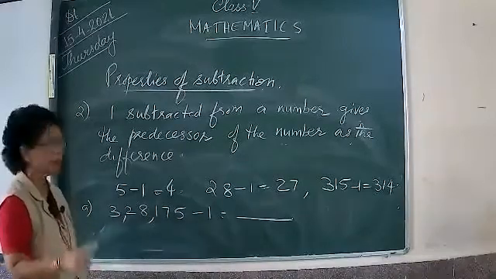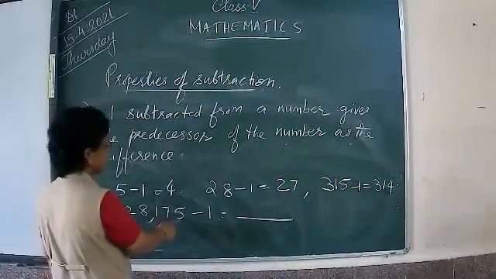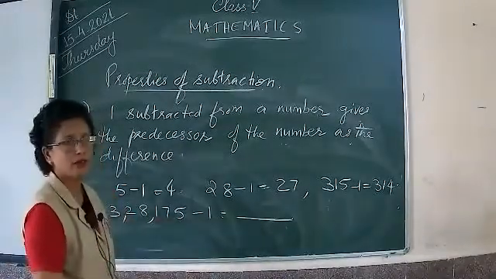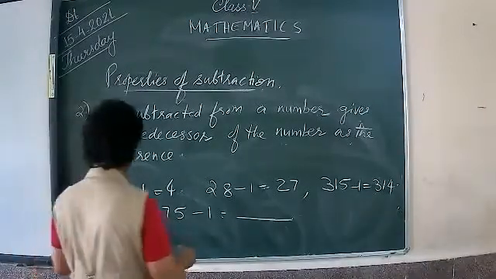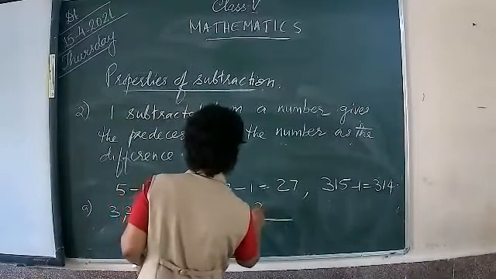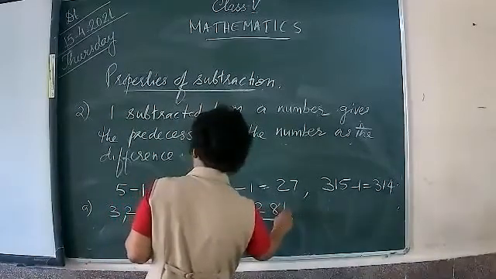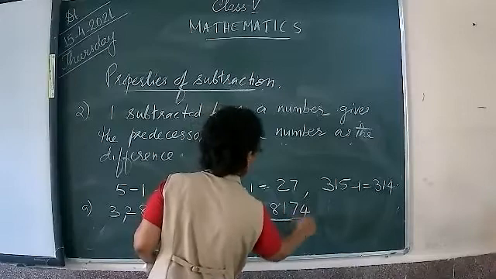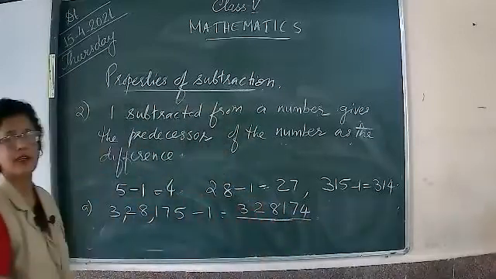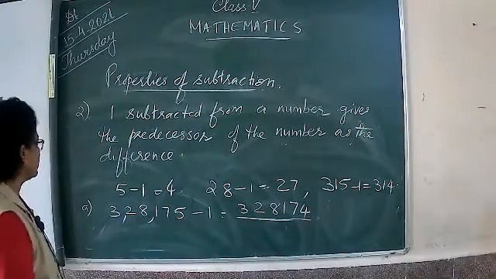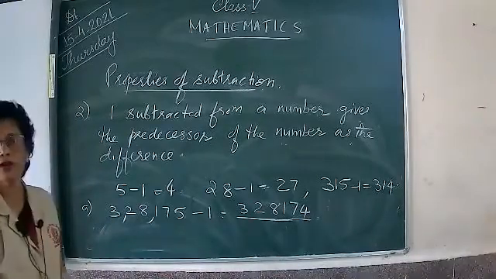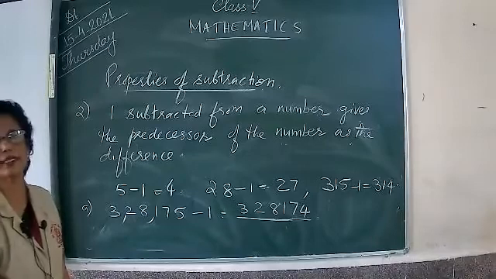You simply see what is here? 175. So the predecessor will be 174. So easily we can write 328174 there. Understood, children? We are not going to do the actual subtraction. 328174 is the answer. Easily you can say.